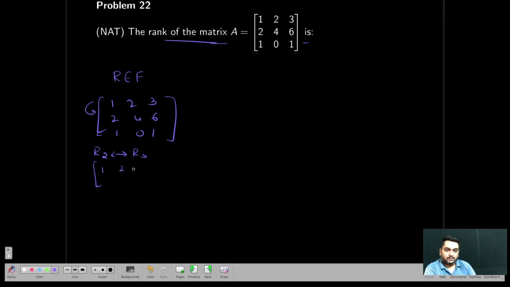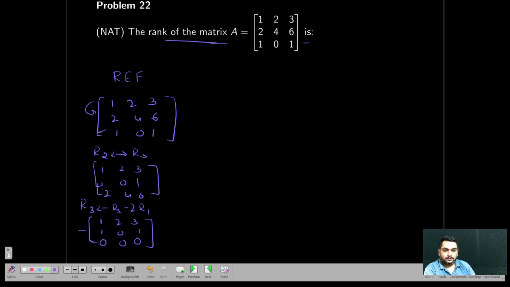So 1, 2, 3, 1, 0, 1, 2, 4, 6. Now perform R3 is R3 minus 2 R1. So this will be 1, 2, 3, 1, 0, 1, and then 0, 0, 0.